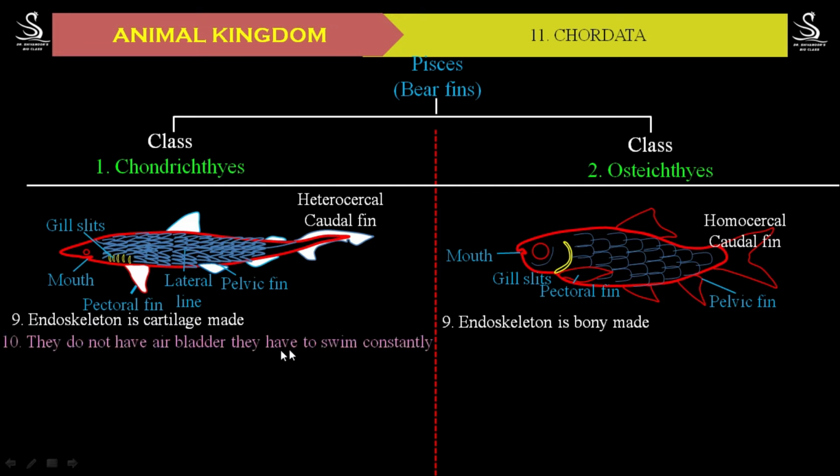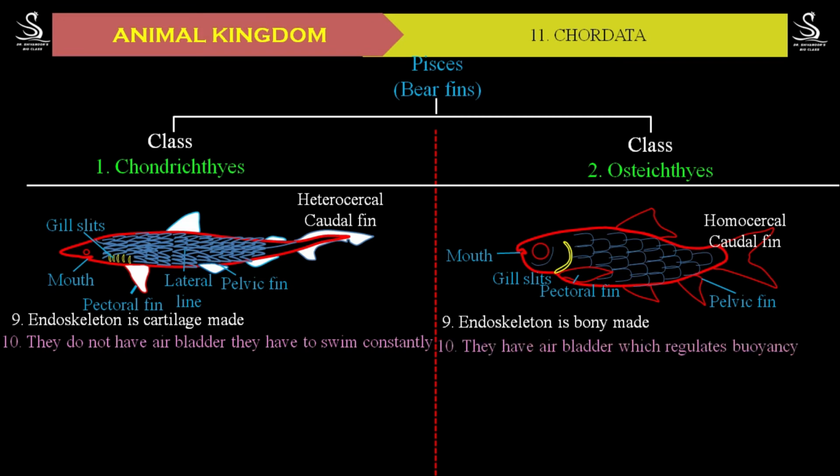Then one more difference we are observing here, whatever the Chondrichthyes fishes are there, they do not have air bladder, hence they need to swim continuously throughout their life without taking a rest. Otherwise what will happen? If they stop to swim, they start to sink because they don't have any air bladder in their body.